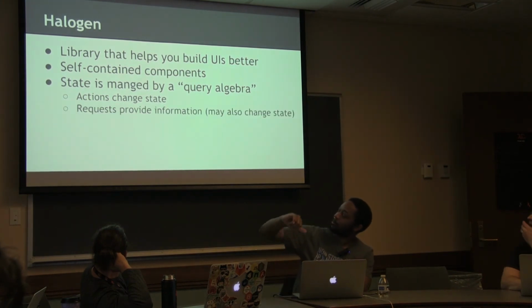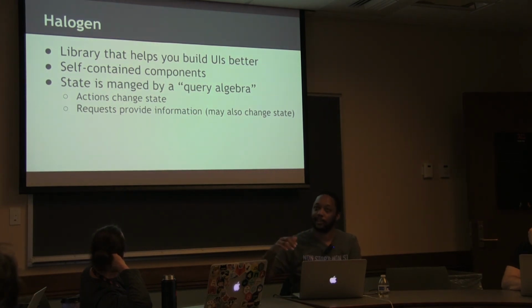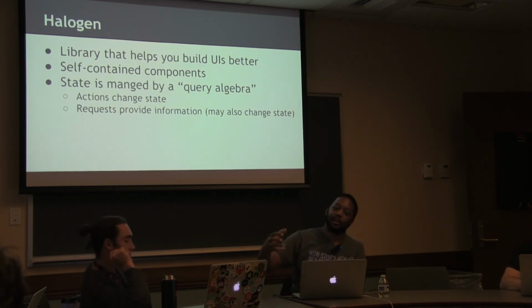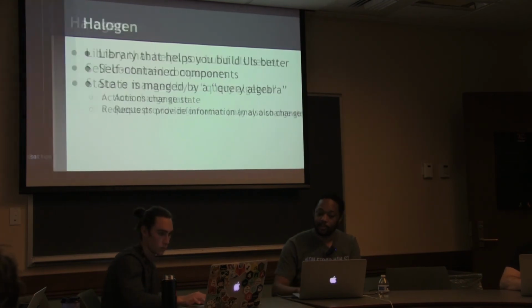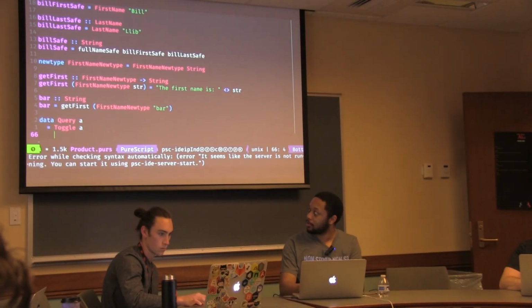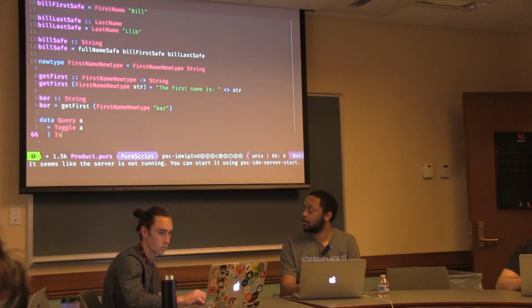And then requests do the other thing, which is that they give you back some information. They can also do state things, but the important part is that they give you back information about the state. So another thing we could do if we were dealing with buttons is ask, is the button on?